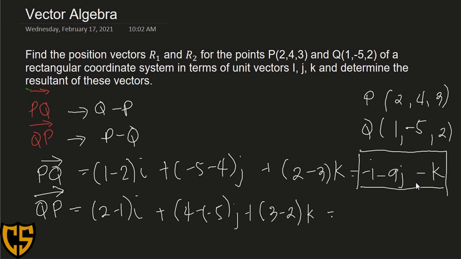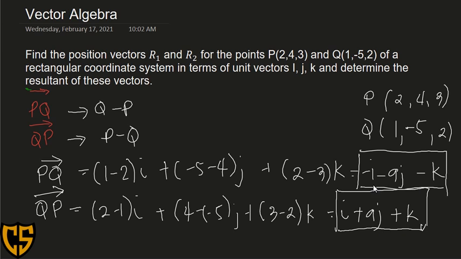So we have I plus 9J plus K. Take note, same lang siya nga values but change lang naton ang tanan nga signs.